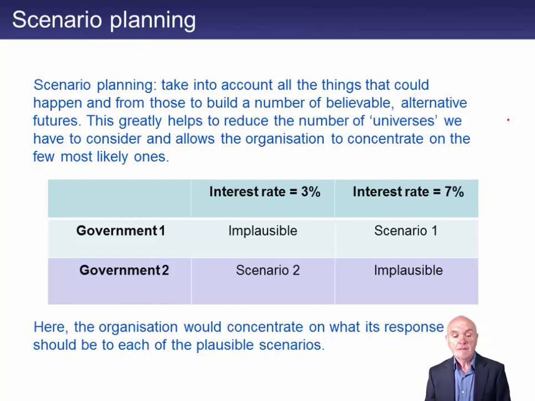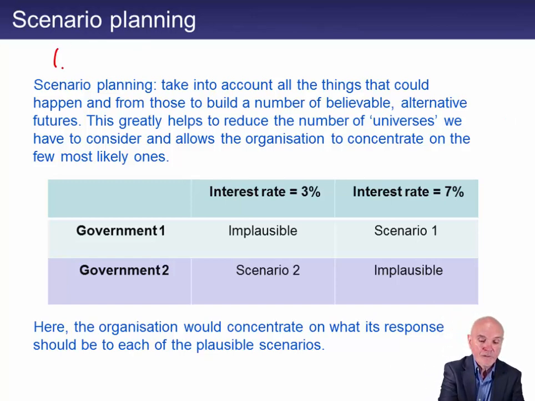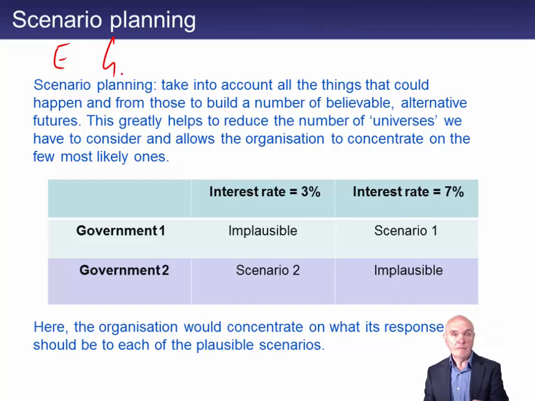Finally, there is scenario planning. And this takes into account all of the things that could happen and says, right, some of these combinations are inherently unlikely. Because if you have, let's say, 4 variables, so let's say you have good economy and bad economy. Let's say you have one government or another government.